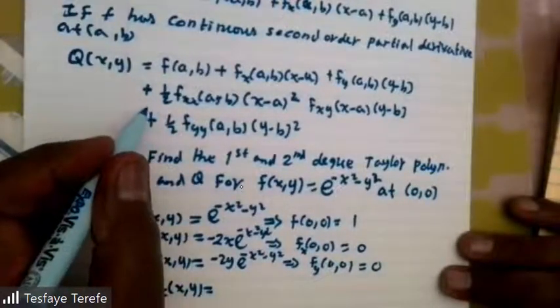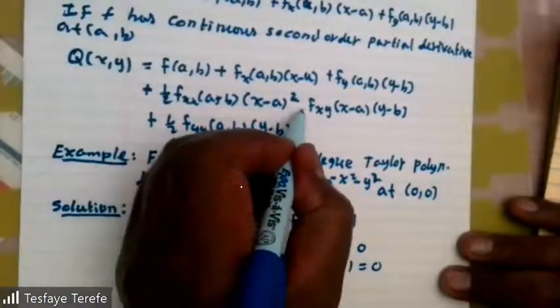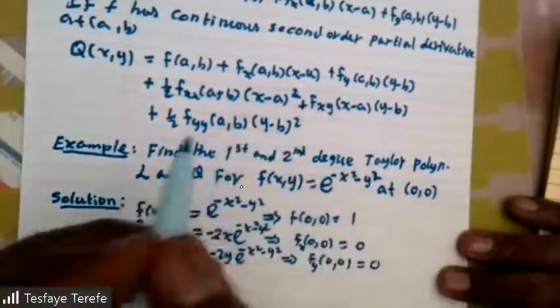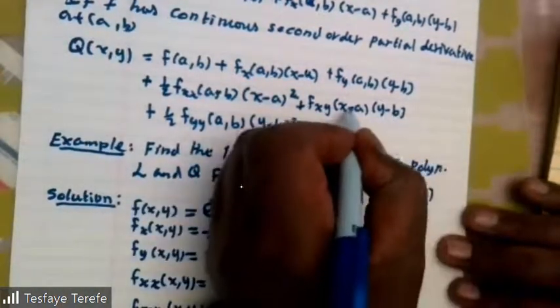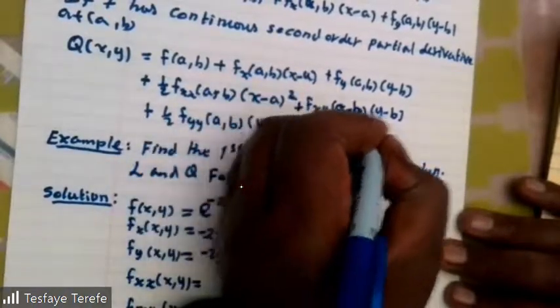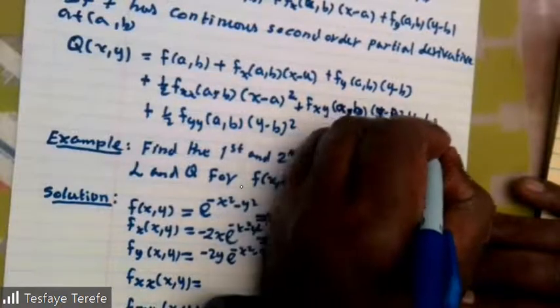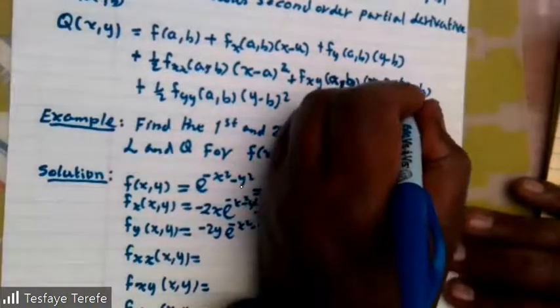It should be plus the mixed partial derivative f_xy at (a, b) times (x minus a) times (y minus b). Yes, this one is plus. Okay, thank you. I was rushing. All right, thank you for that.